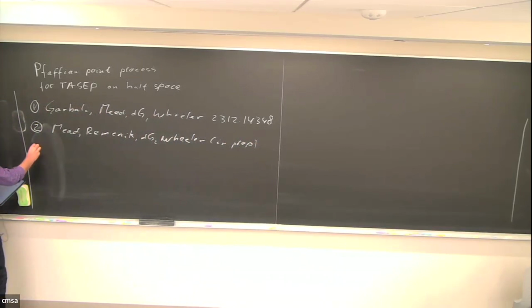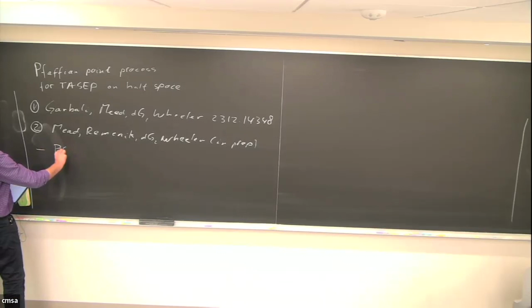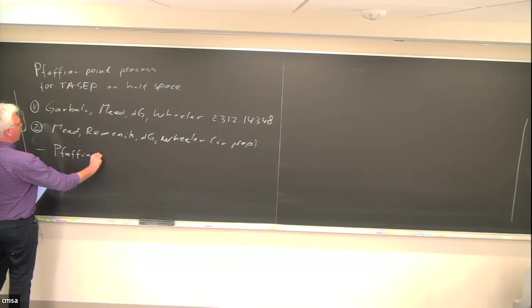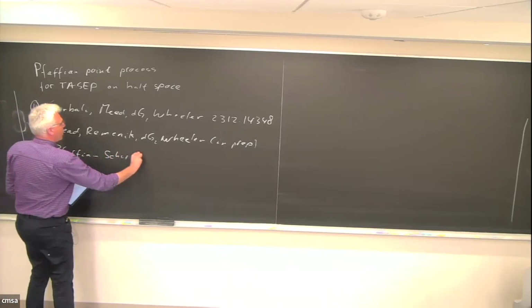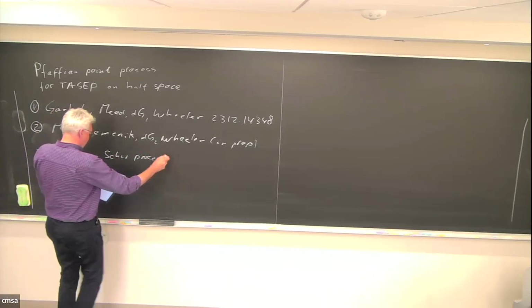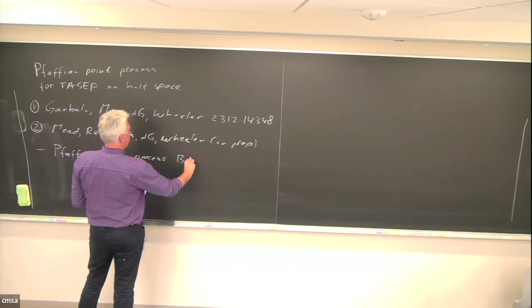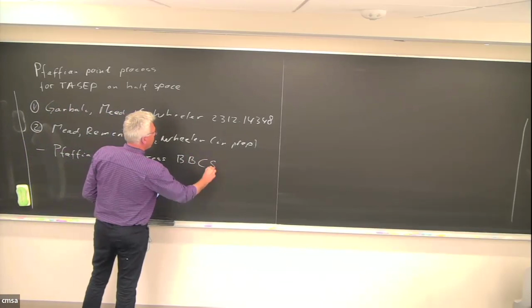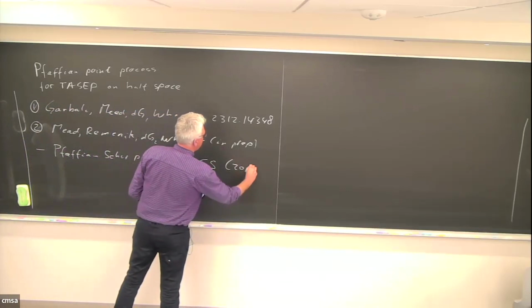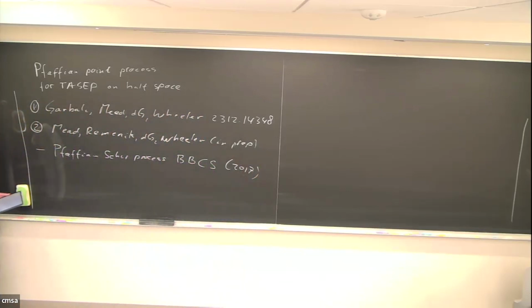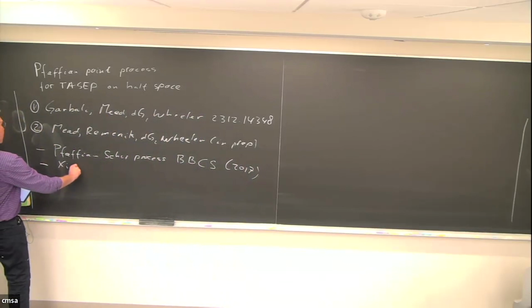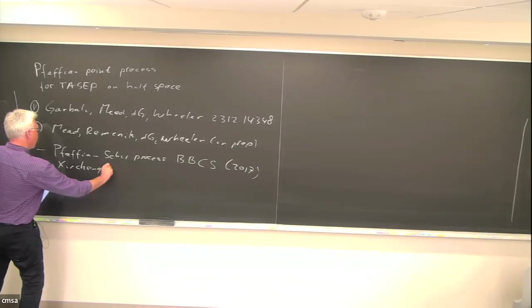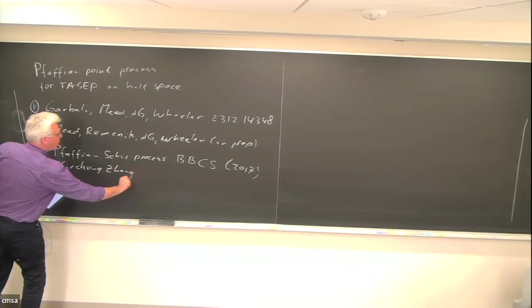I wanted to point out some related literature to this. There's been the Pfaffian Schur process by Barakand, Corwin and Suidan, 2017. And there's a recent paper by Xinchen, who's with Jeremy Quastel, I think.